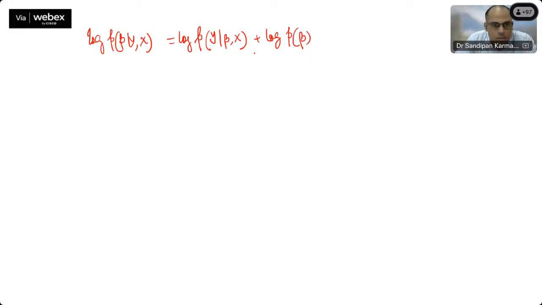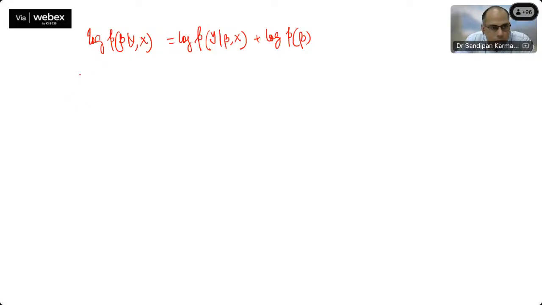Let us take this posterior: log of p(beta given y, x) is log of p(y given beta, x) plus log of p(beta). This is coming from the posterior: log of posterior equals log of likelihood plus log of prior. I'm not using proportionality, but you can use proportionality also, no issues.